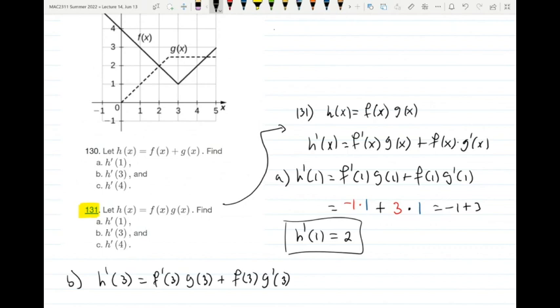Does not exist. There's no slope. Very good. f is not differentiable at 3. We have that little peak in there. Do you understand this? So if f is not differentiable, forget about the problem, because we cannot find this.